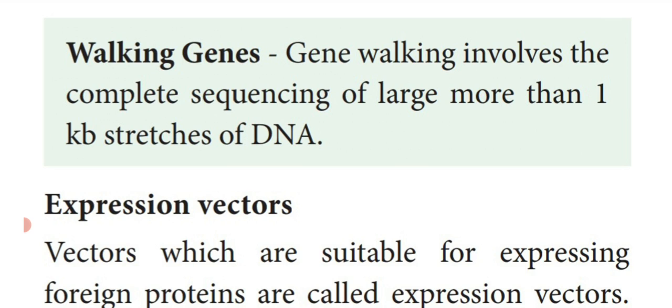These walking genes are involved in the complete sequencing of large stretches of DNA, more than 1 gigabase. That means they are completing their jumping sequence. Large means what? More than 1 gigabase stretches of the DNA. This is an important 1-mark question. That is said to be walking genes.